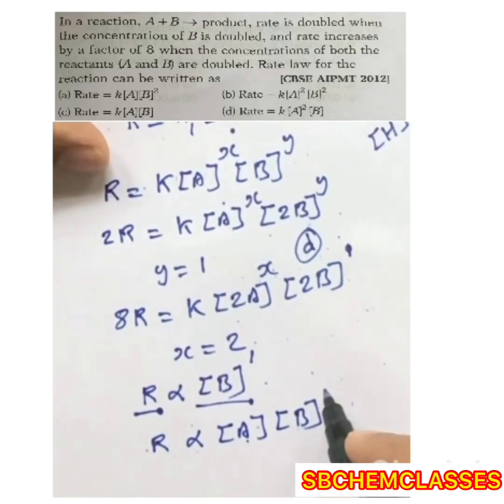Here B has power 1, which we already know. So when B is doubled, rate will be doubled. But rate becomes 8 times because A has power 2. In this shortcut method also we can determine the rate equation.